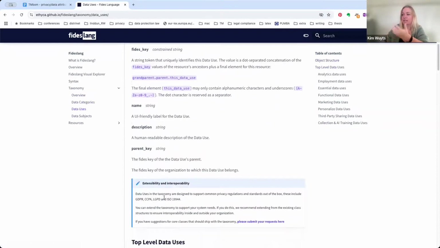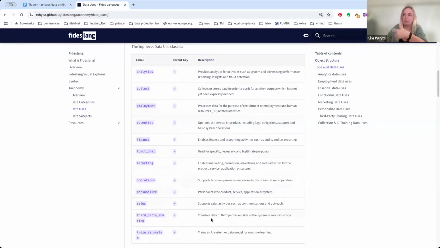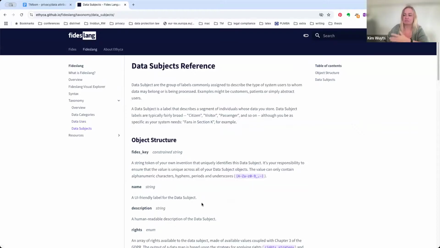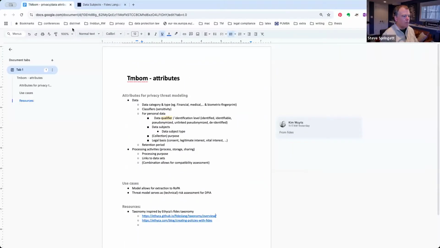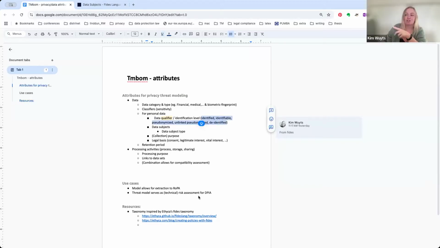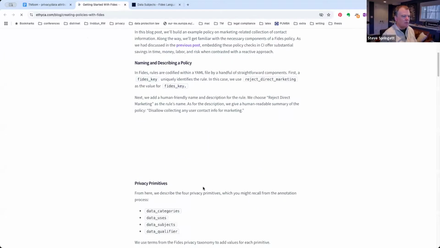They have labels and elements. Are there existing definitions for identified, identifiable, pseudonymized, etc.? I stole those from them. Okay, that's great. Do they define them?